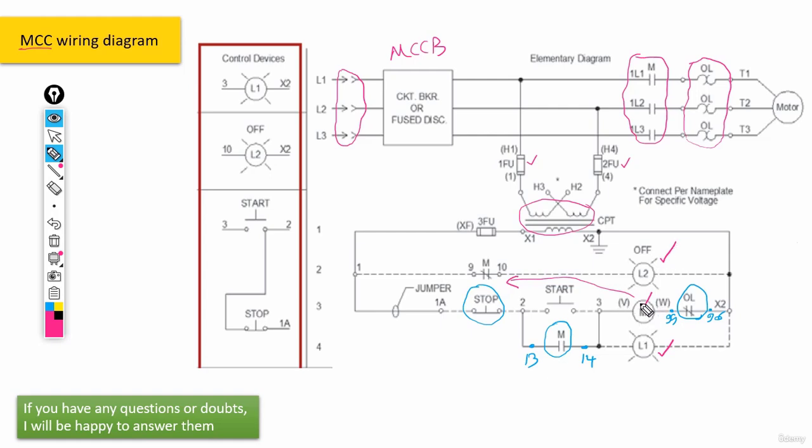And if the contactor was activated again, the contact here would be opened, and as a result, the signal lamp would be turned off.